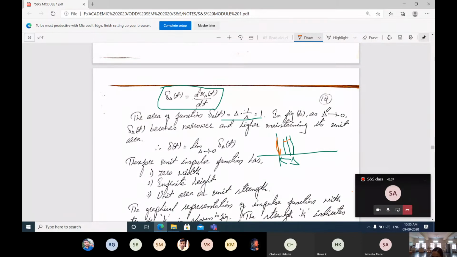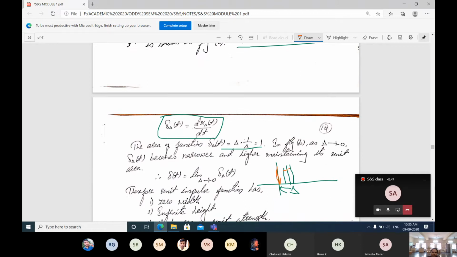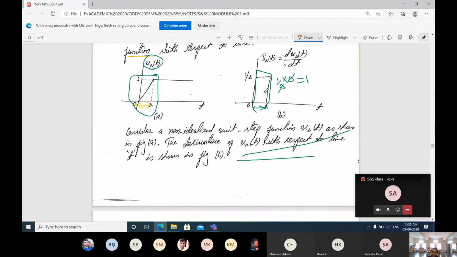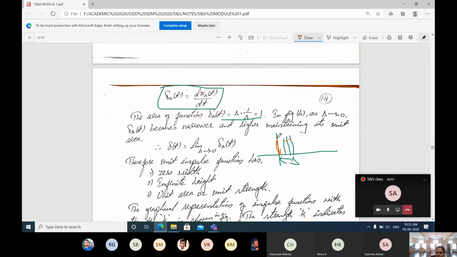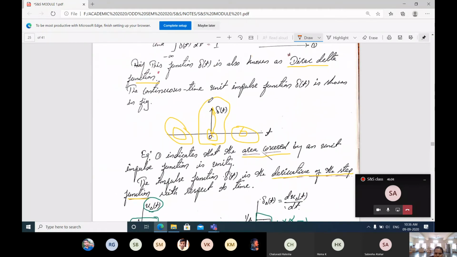Observe here, delta tends to 0, the arrow indication is delta tends to 0, then it becomes narrower. This width is going on reducing, so it is near 0 only. I will get the signal here only. For that reason, you will be getting an impulse response like this only at the 0th position. Not in a practical way, in a theoretical way I can tell of this.